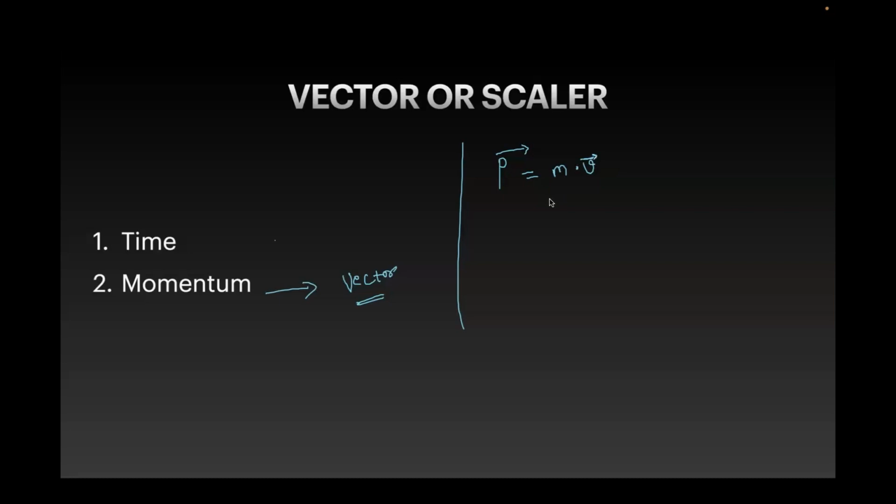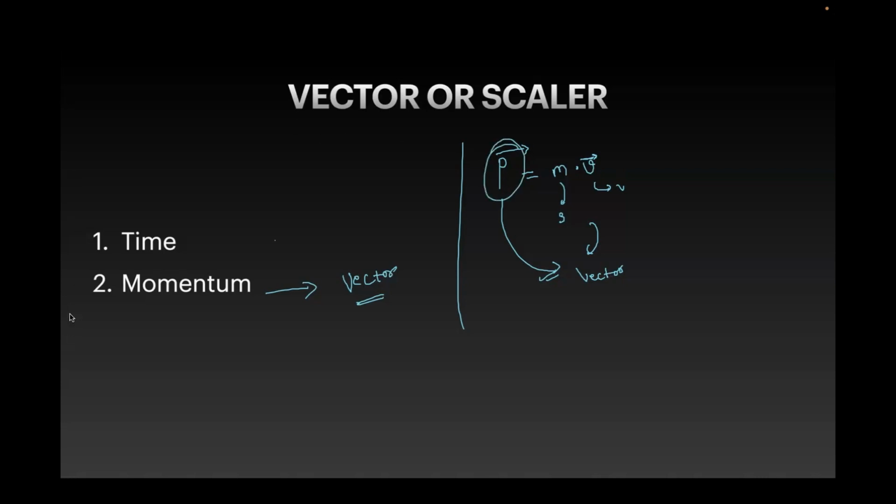Whenever you multiply a scalar and a vector, what do you get? Vector. This is scalar, this is vector, and when you multiply these two, you get a vector. So momentum is a vector. This is how you prove it. Whenever you have confusion whether a quantity is a vector or a scalar, you write its basic formula, identify the scalar part and the vector part, then find out what the product is, and then you identify the quantity as vector or scalar.